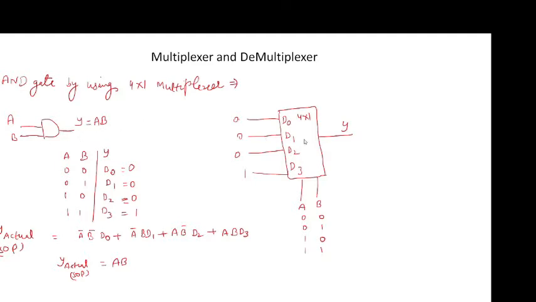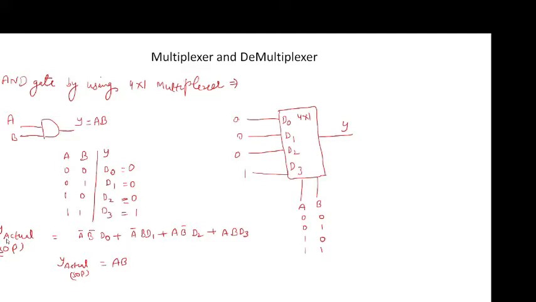Here you can see that it is a 4 by 1 multiplexer because it has 4 input lines, so there will be 2 select lines, and these 2 select lines will have 4 rows, and Y is your output. Now we can find the actual output. Here A is 0, B is 0, so we will write the actual output.